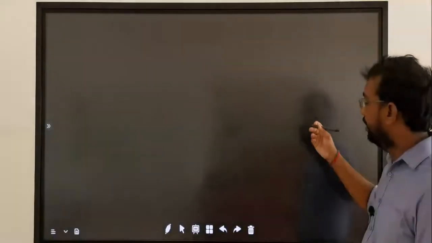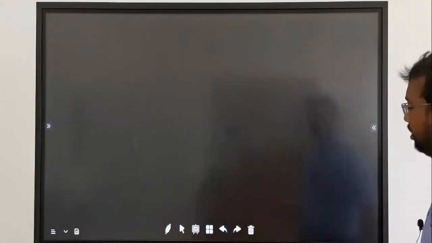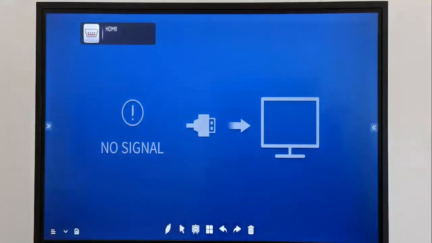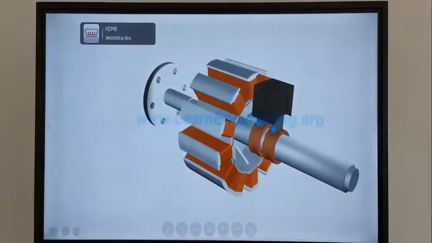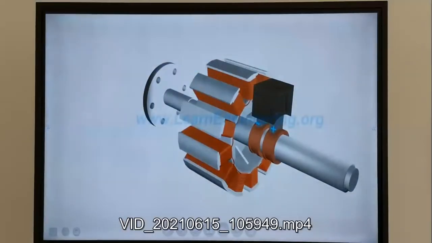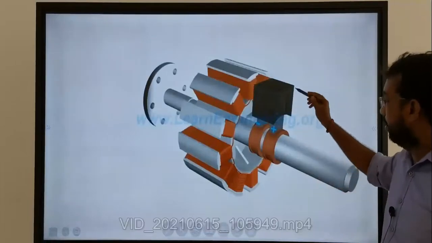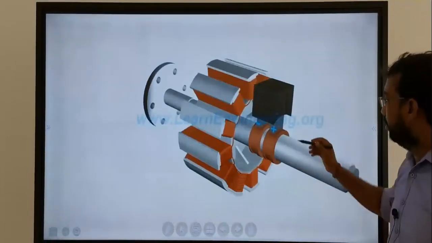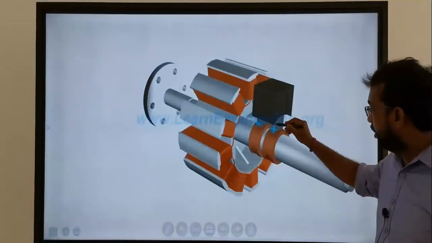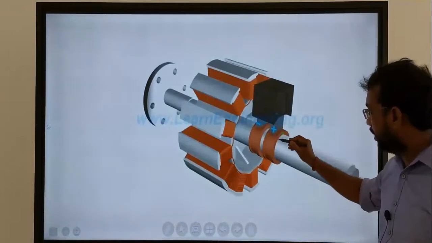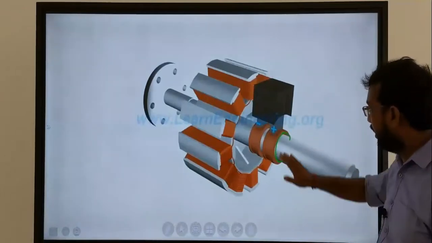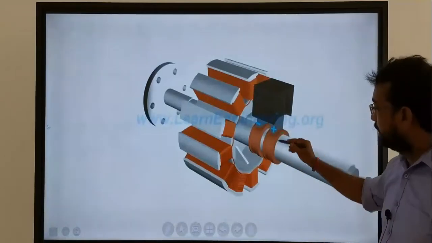Okay, the current is given like this. So here this is the brush. Okay, this is the slip rings. So here the slip ring is nearly connected with, or touching, this shaft.